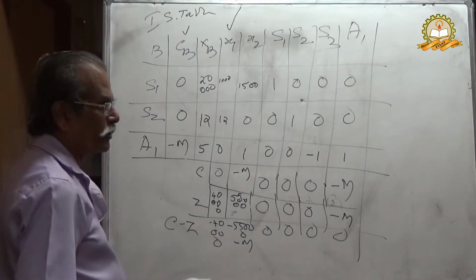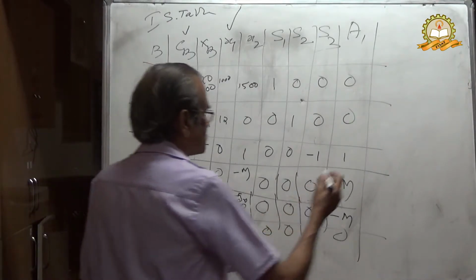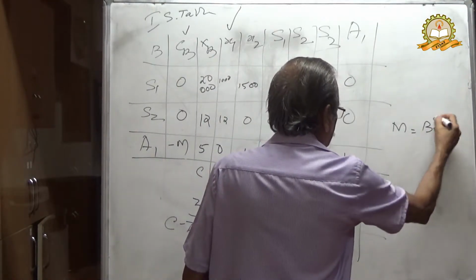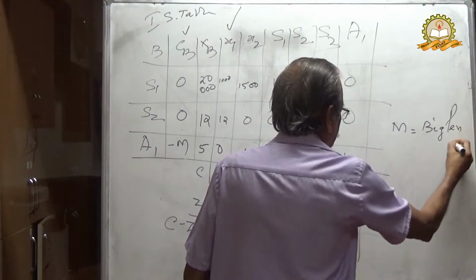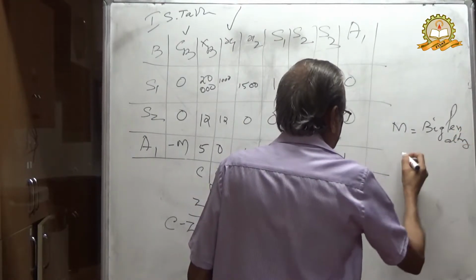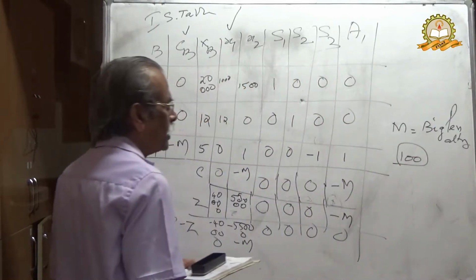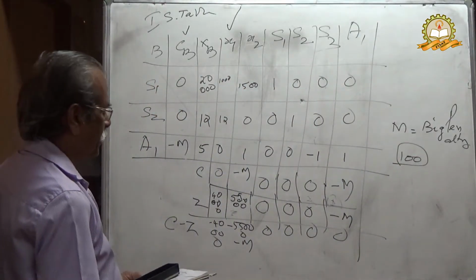Here, you can note, let us consider m equal to a big penalty. For example, M is equal to 100.